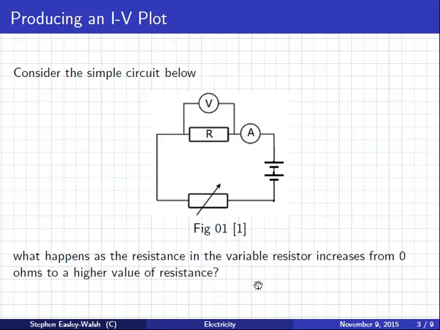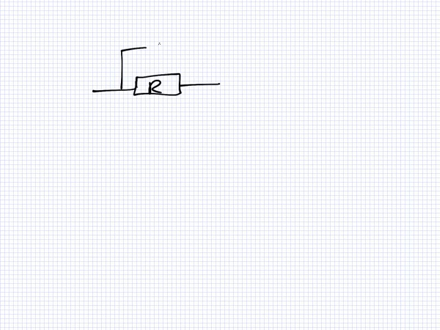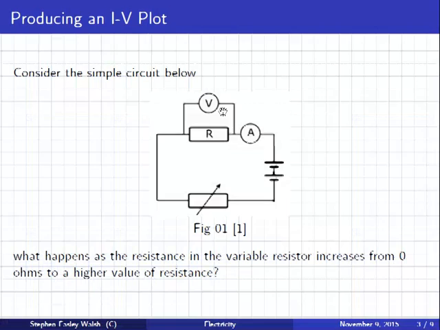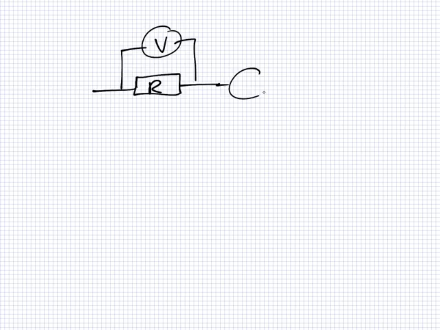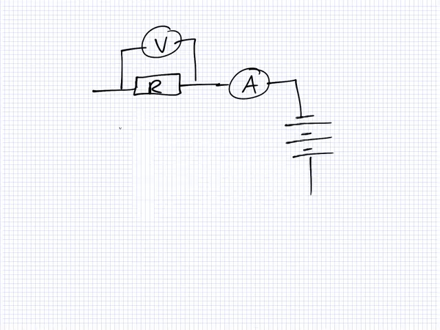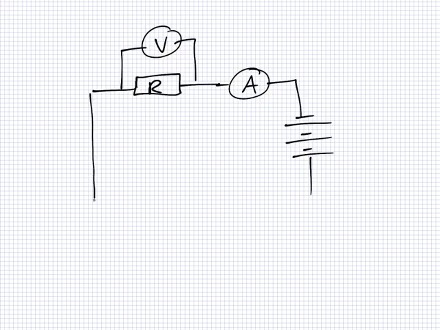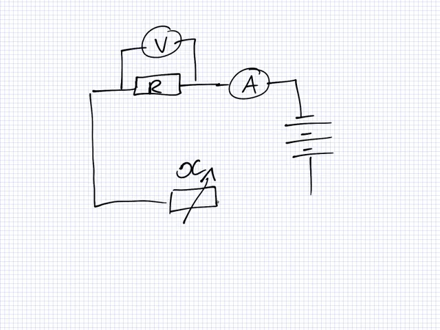So let me just draw it, and you should draw it too. What do we have first? We have an R here. We have a V here. We have an A here. And we have a variable resistor here. And I'll call it X or something.